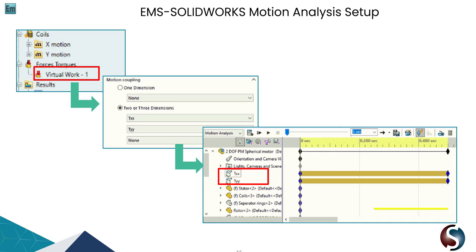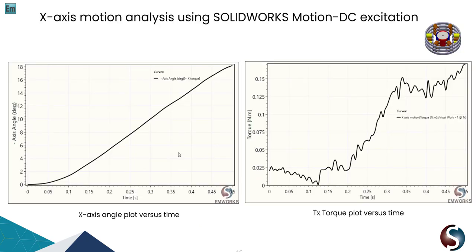Now if you want to do a motion setup where you achieve a motion along 2 degrees of freedom around 2 axes, this is a setup in SolidWorks EMS and SolidWorks Motion. Now in this, I'm just showing you the x-axis displacement and the torque around the x-axis.